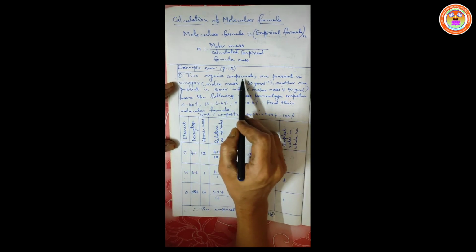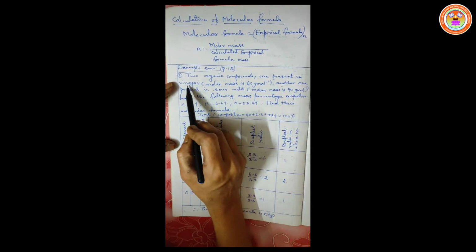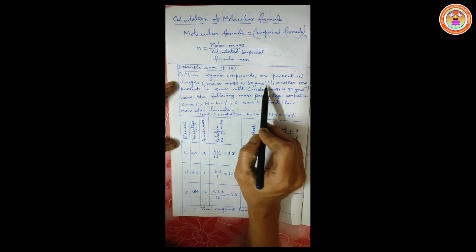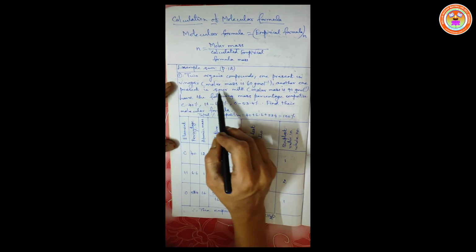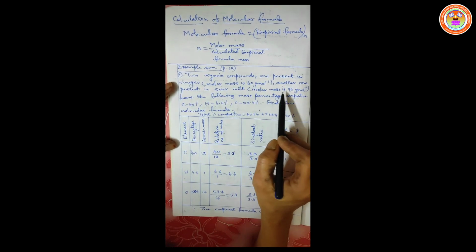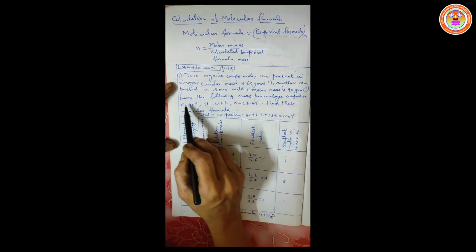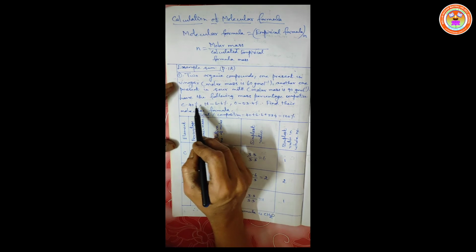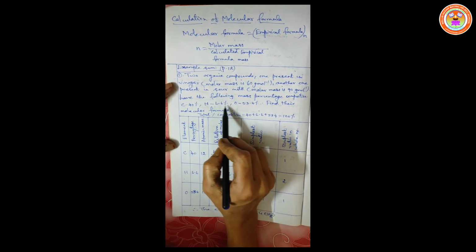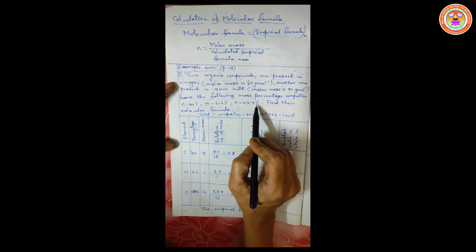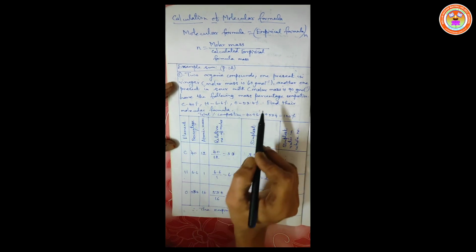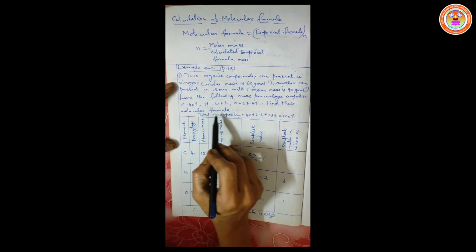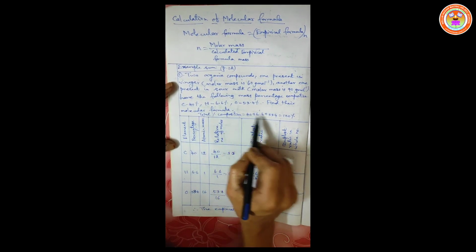Two organic compounds, one present in vinegar, its molar mass is 60 gram per mole. Another one present in sour milk, its molar mass is 90 gram per mole. Have the following mass percentage composition: carbon 40%, hydrogen 6.6%, oxygen 53.4%. Find their molecular formula. Here the total percentage composition is 100.